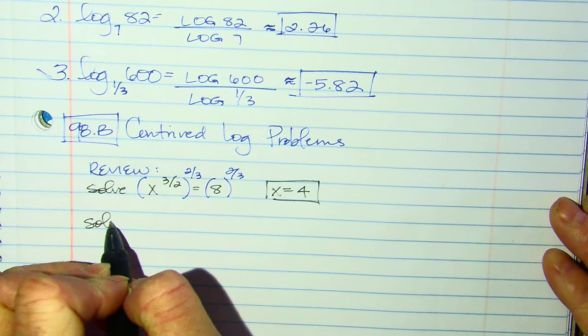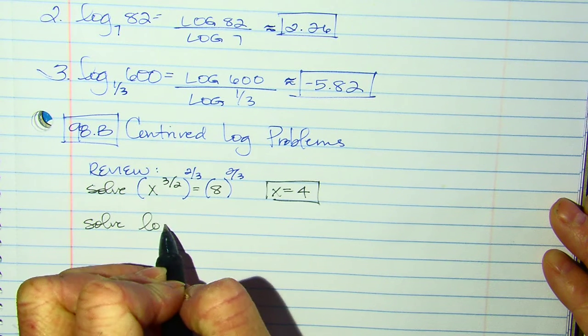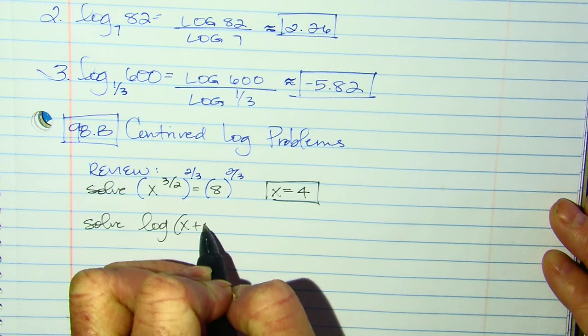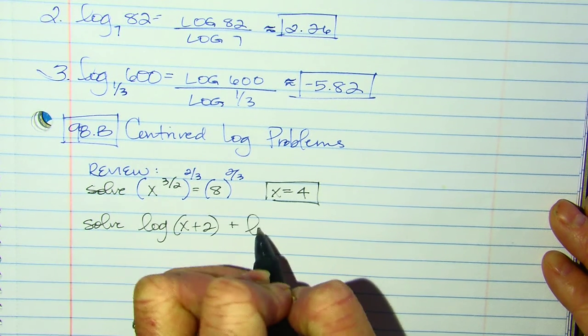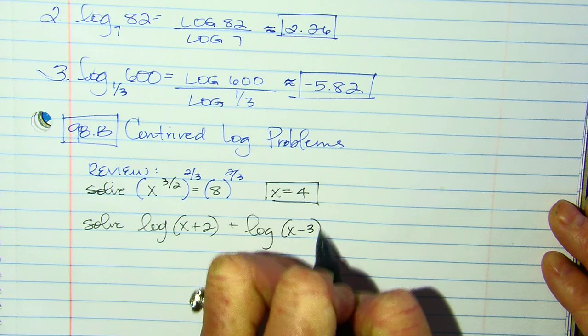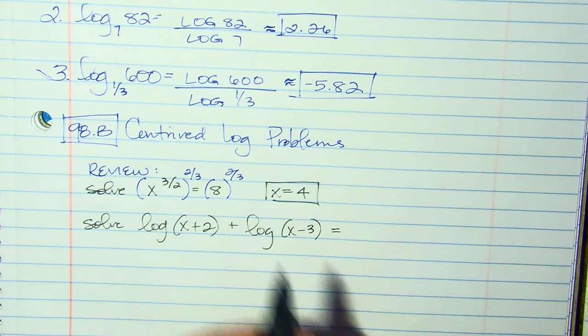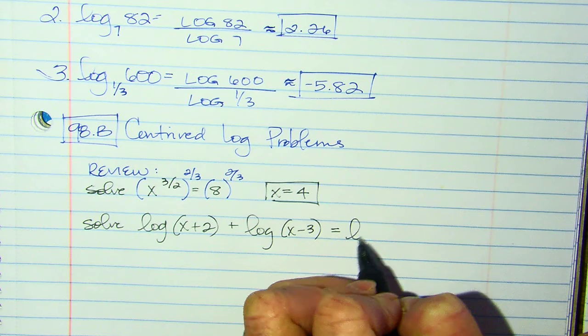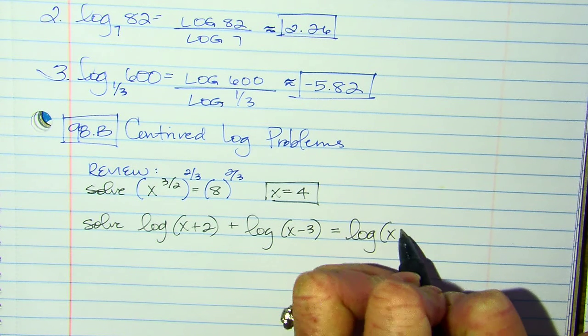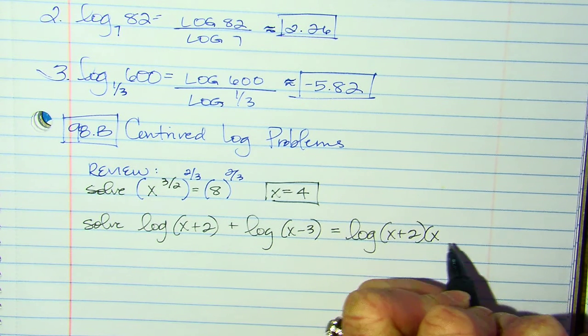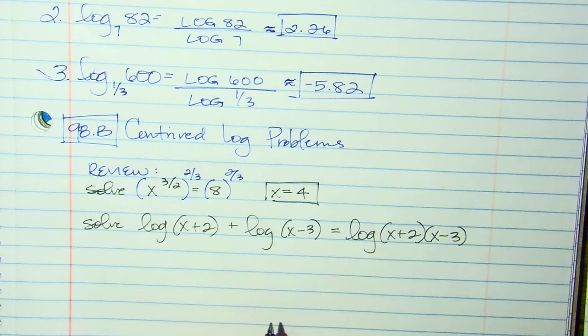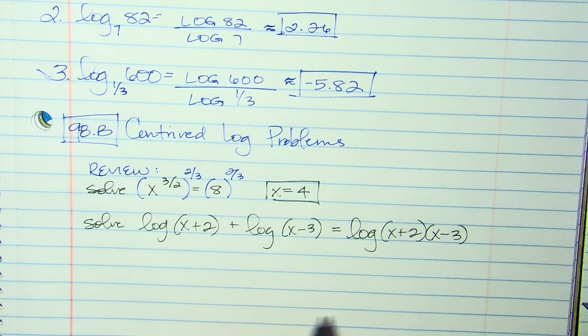If I was to solve log of x plus 2 plus log of x minus 3. In this case, remember that we use the product property, so I would get x plus 2 times x minus 3. In order to solve, I would multiply.